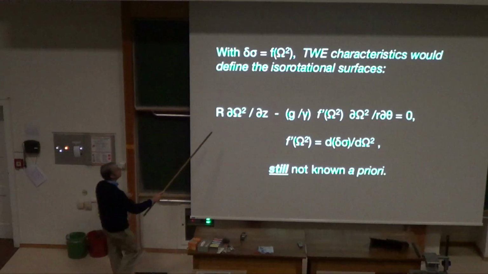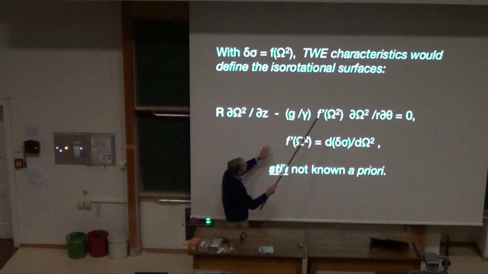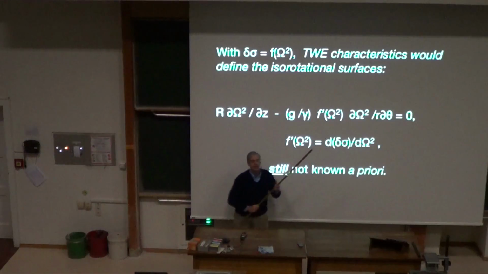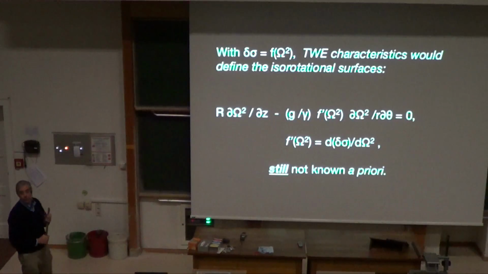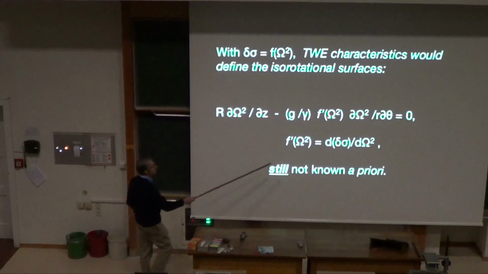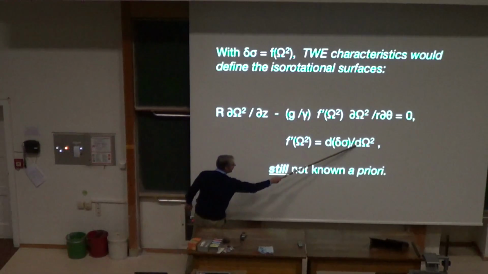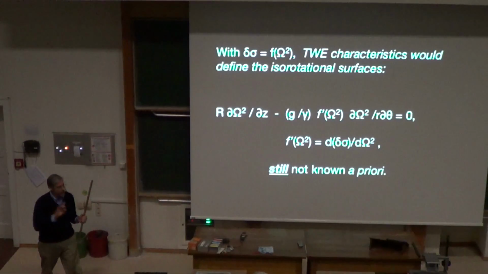Here's my equation. My equation is telling me that omega vanishes on some curves, I guess in this particular formulation, in the z theta plane. We'll quickly go over to a fully self-consistent set of spherical coordinates. Now the function f prime, which I write for the derivative of delta sigma, that's not known a priori.